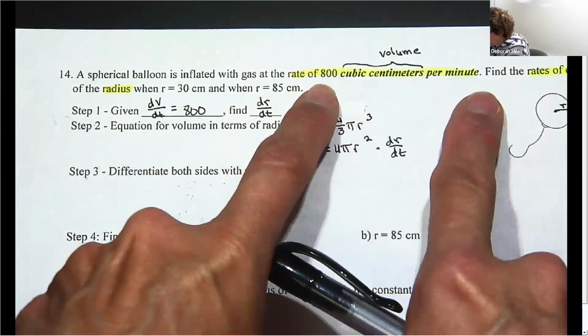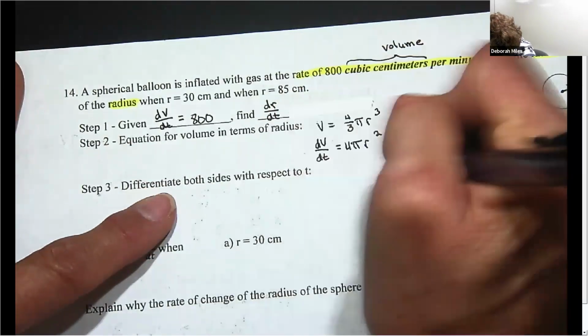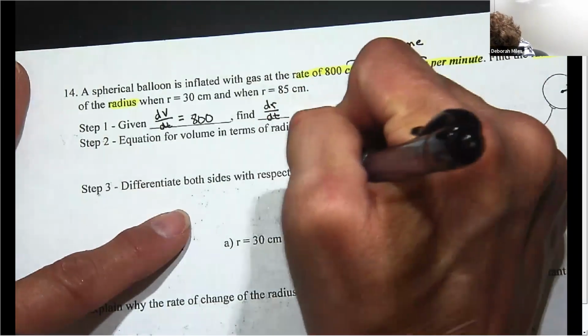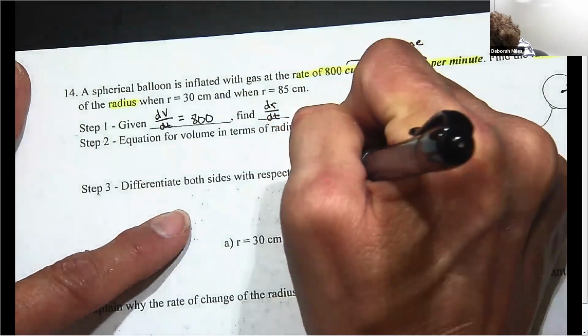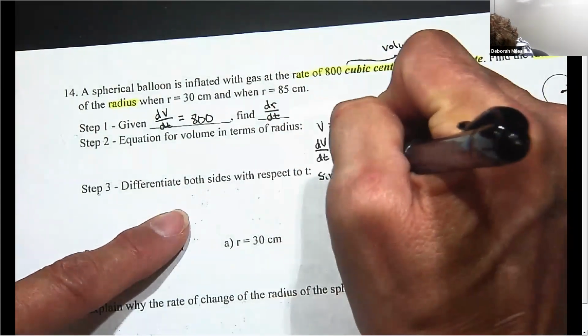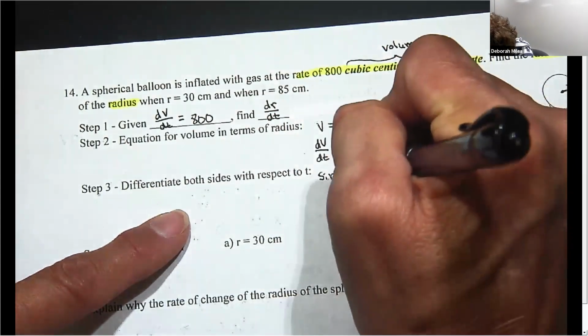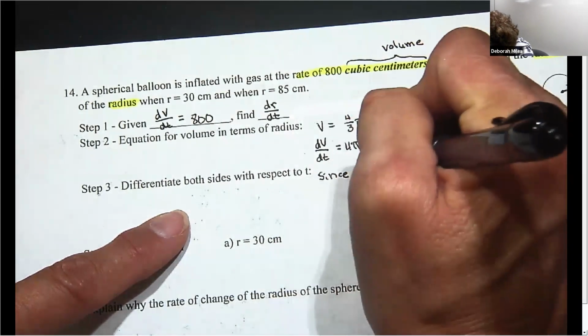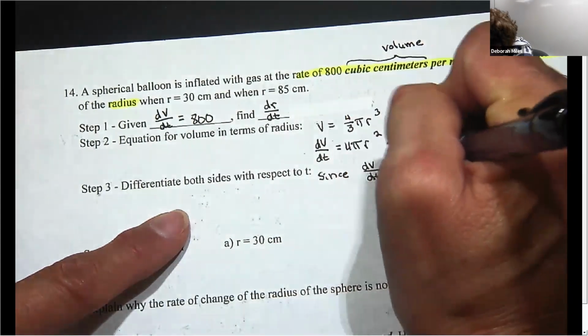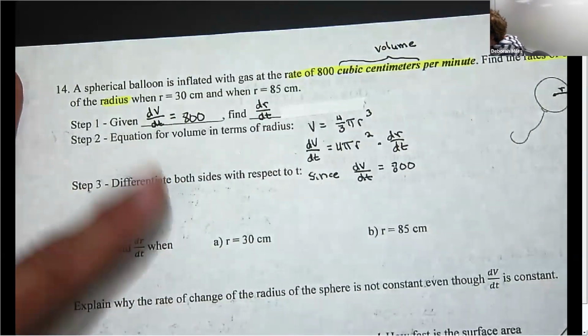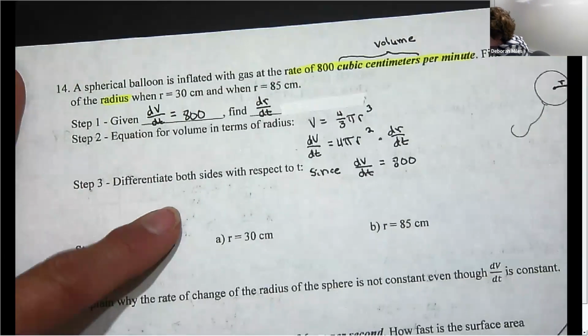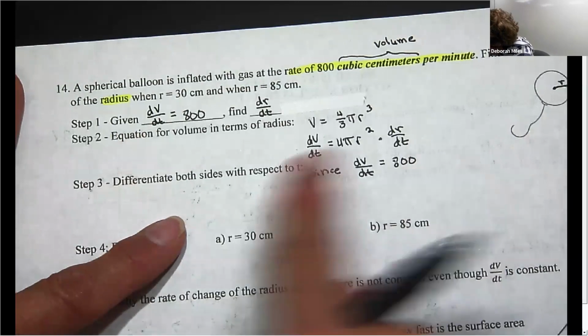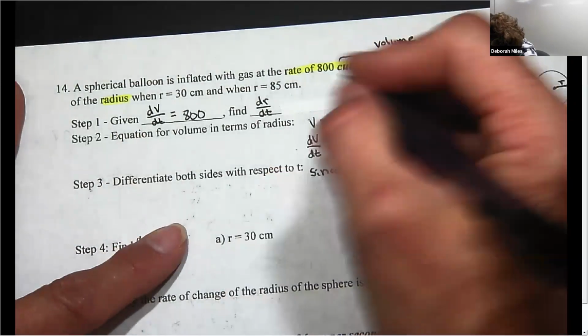So if that's constant, I can say, actually, I think I'll put words in here. Since dV over dt is 800, we can just put the 800 in place of dV over dt.